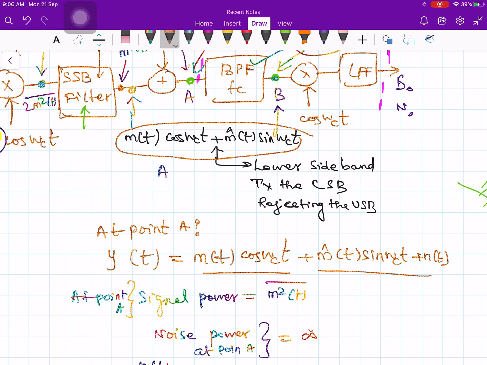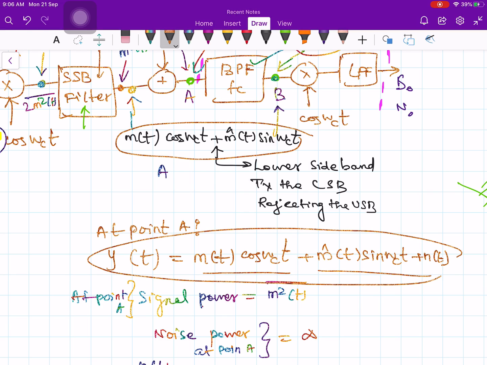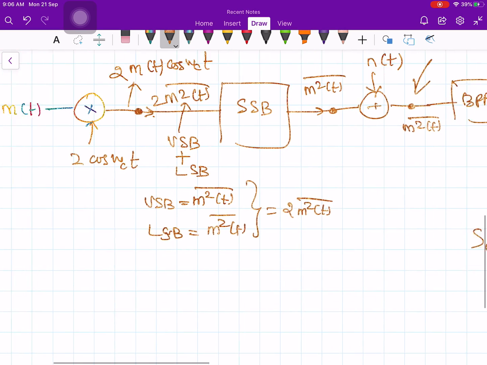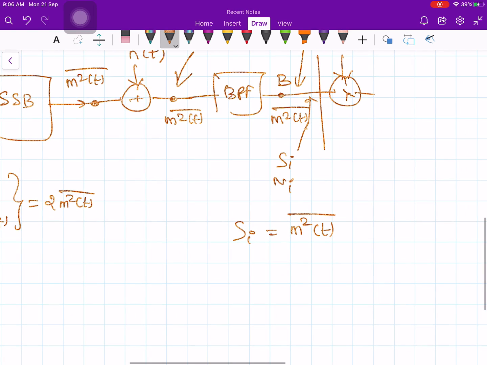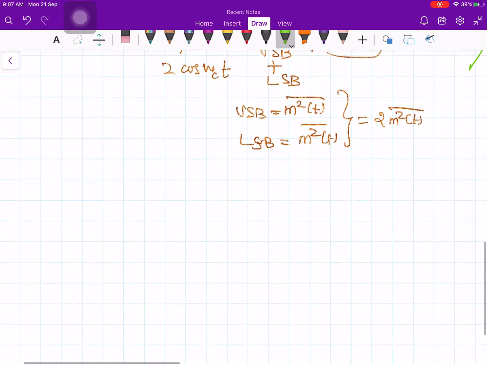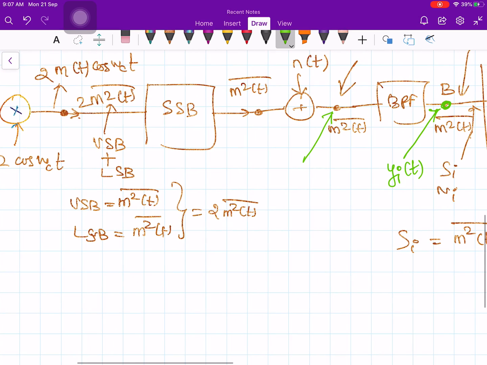This whole thing is passed through a band pass filter. So after passing through the band pass filter, your yi of t, at this point it is yi of t, and at this point it is, what is the notation that I used for this? y of t.